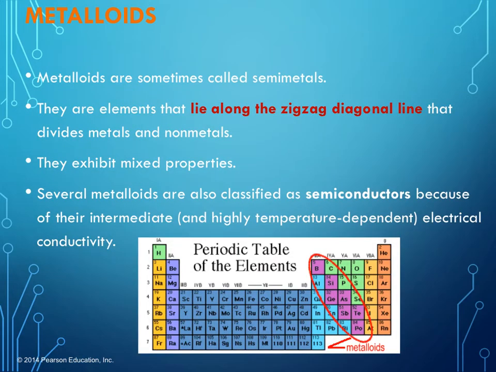The metalloids, there are 7 of them, which you should memorize. Okay, boron, silicon, germanium, arsenic, antimony, tellurium, and polonium. As you might expect, the metalloids have properties in between metals and nonmetals.